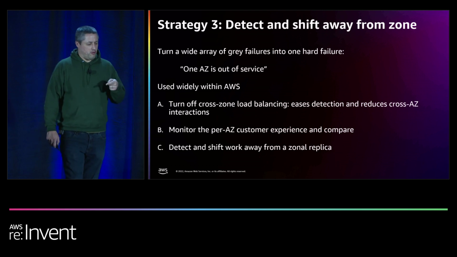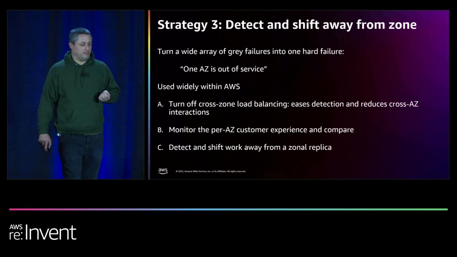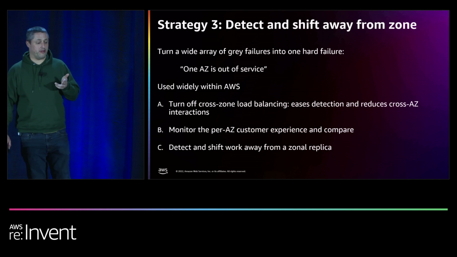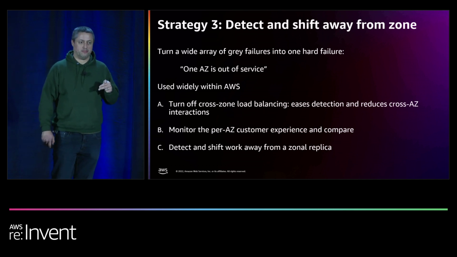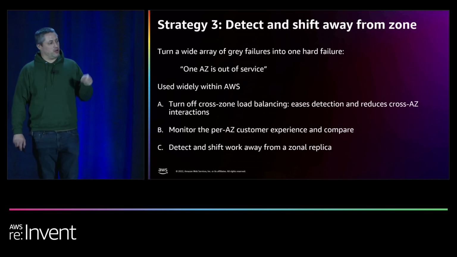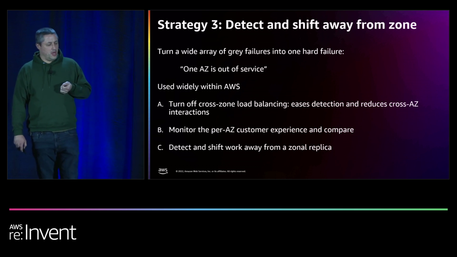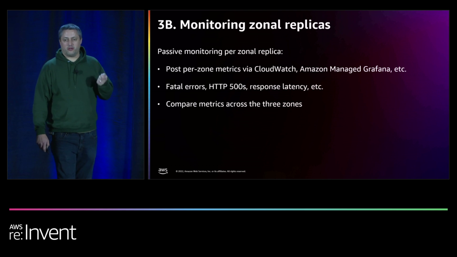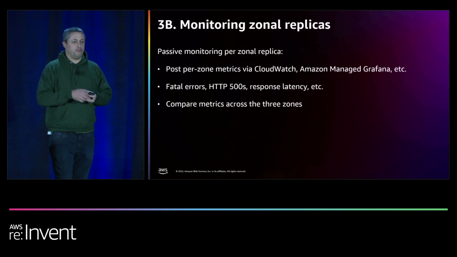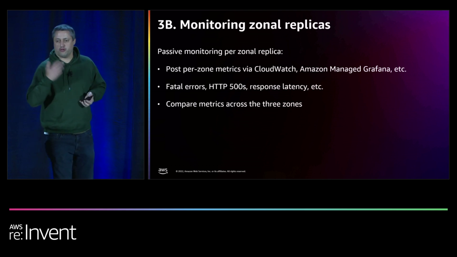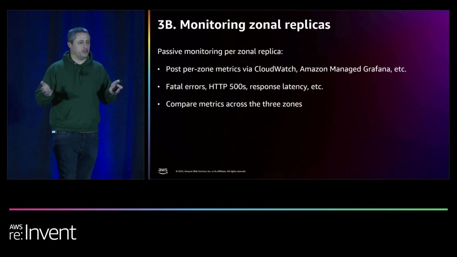So returning to the overall strategy, steps B and C are monitor the customer experience in each AZ explicitly. So we want to be able to tell when one AZ is not operating perfectly. The first thing you can do, most people's applications will post metrics either to CloudWatch or to maybe Grafana or whatever you're using.